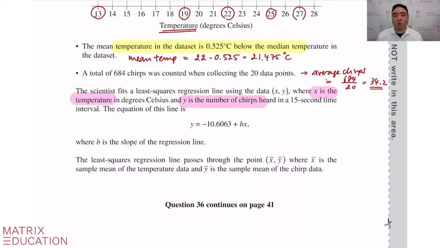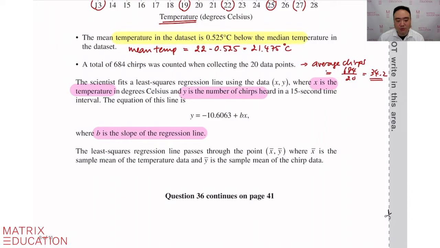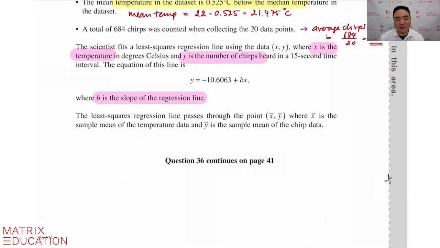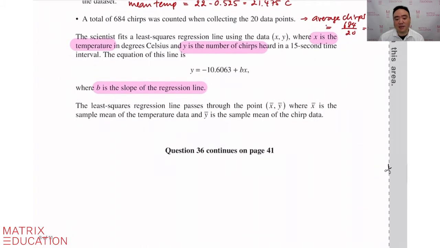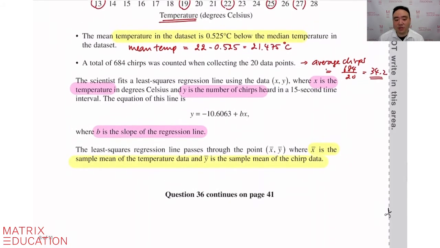In this case, it is y equals negative 10.6063 plus bx, where b is the slope of the regression line. The least squares regression line passes through the point x bar, y bar, where x bar is the sample mean and y bar is the sample mean of the chirp data. This information is really crucial to help you solve this equation.